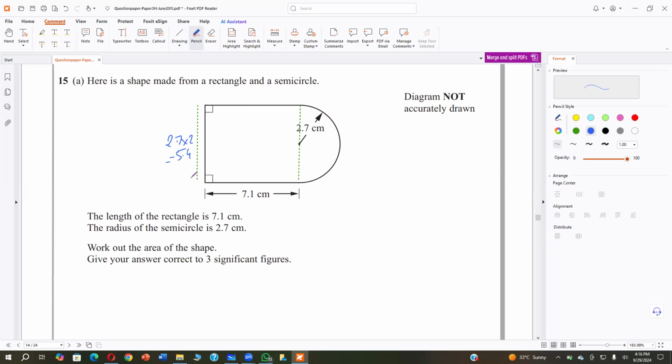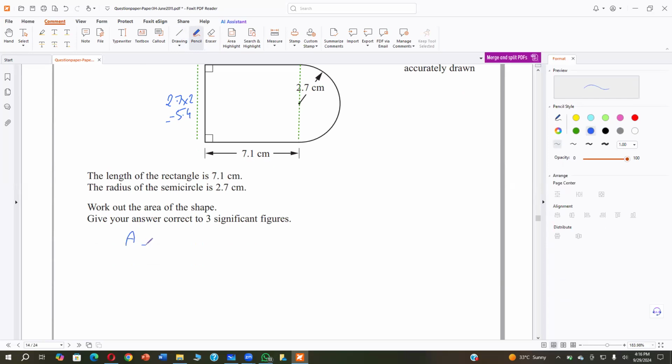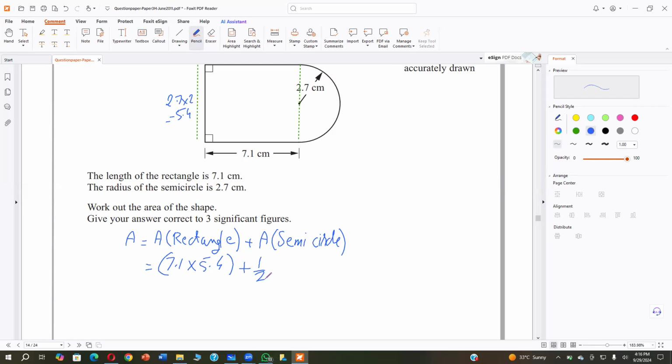Now we have to work out the area. So area is equal to area of rectangle plus area of semicircle. The area of the rectangle will be 7.1 into 5.4, plus semicircle, 1 upon 2 pi into 2.7 squared.